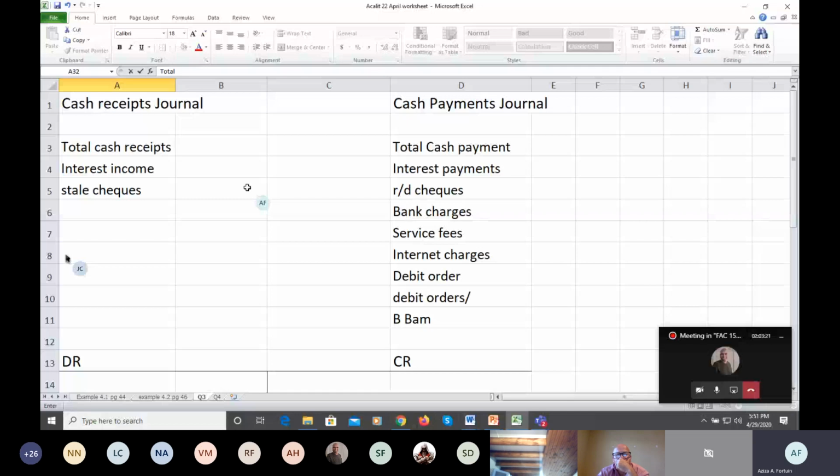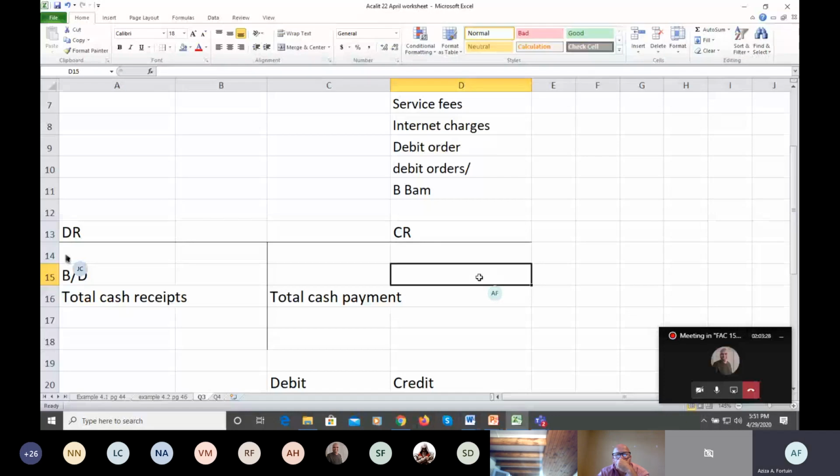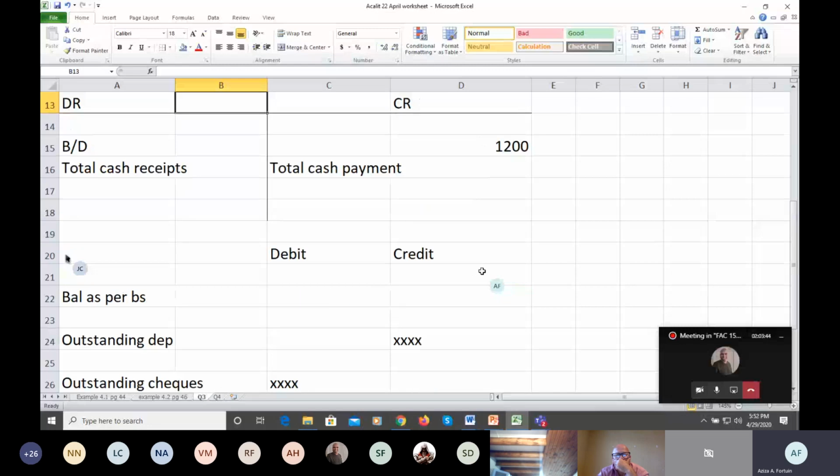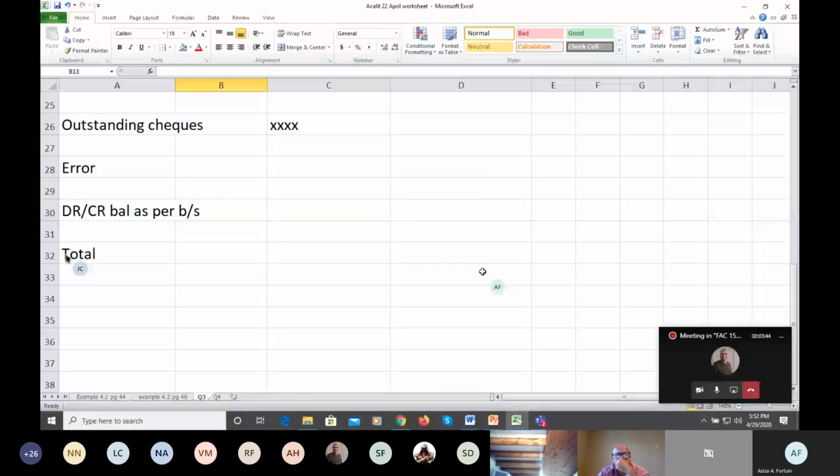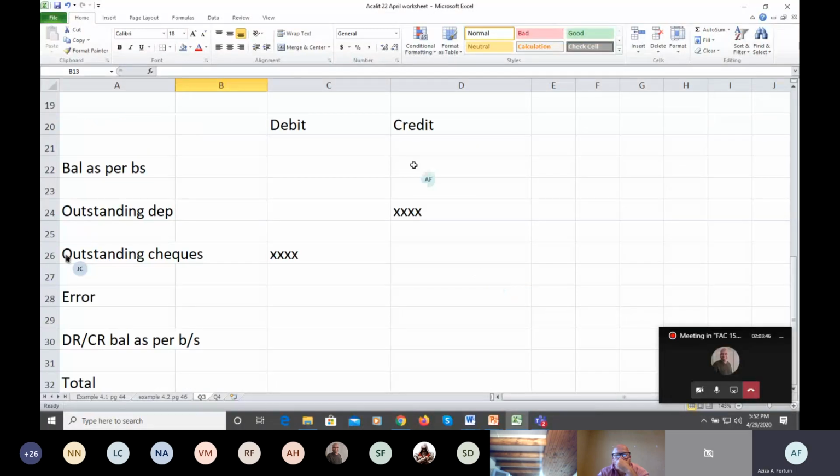So we're going to put it on our credit side, in our bank account. Unfavorable balance as per bank statement amounts to 152. So we know that this is favorable, and we know that on the debit side it's unfavorable. So we're going to enter it there.